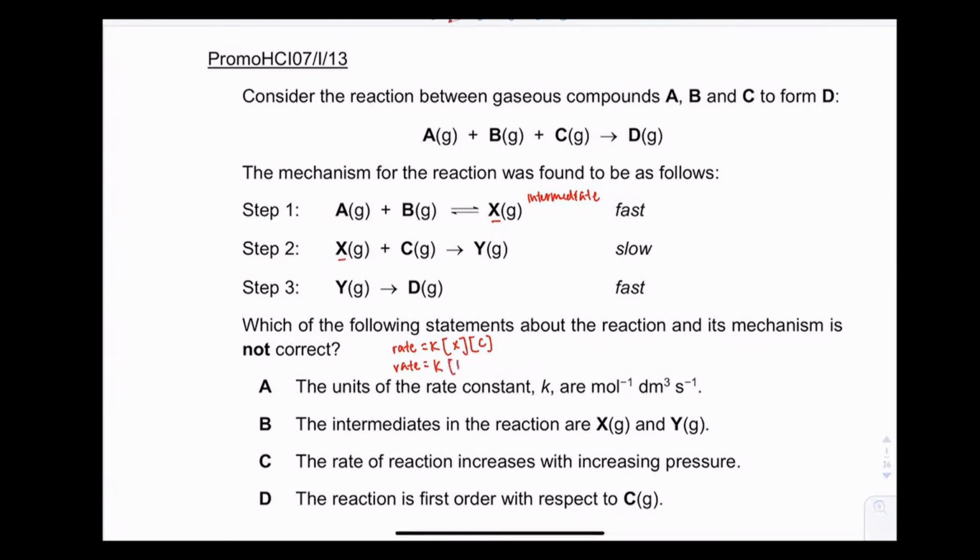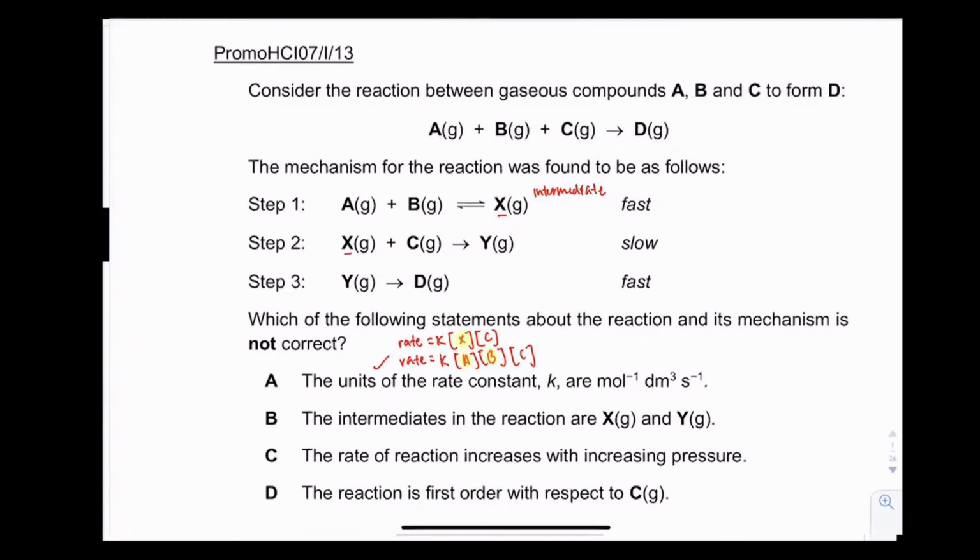So therefore, I have concentration of A times concentration of B times concentration of C. I cannot have an intermediate X. Therefore, I write down the reactants from which X came from, which is 1 mole of A and 1 mole of B. So therefore, this is my rate equation.